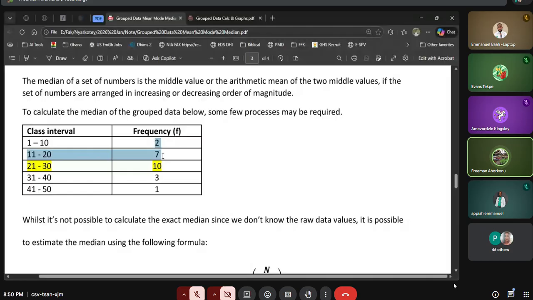Okay, after that, what are we supposed to do? Total frequency, we got it already. For the lower class limit, note that here we are talking about limit and not boundary. The numbers on the left side are lower limits. The numbers on the right side are upper class limits.